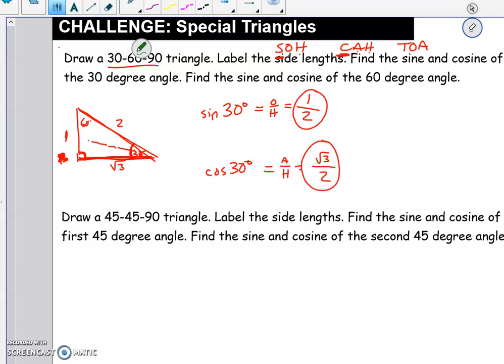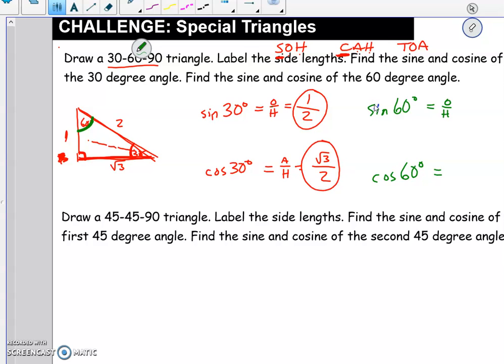Now we're going to do the same thing, except we're going to look at this angle that's 60 degrees. And so I want to find the sine of 60 degrees, and I want to find the cosine of 60 degrees. Okay. The sine, like it was over here, is opposite over hypotenuse.